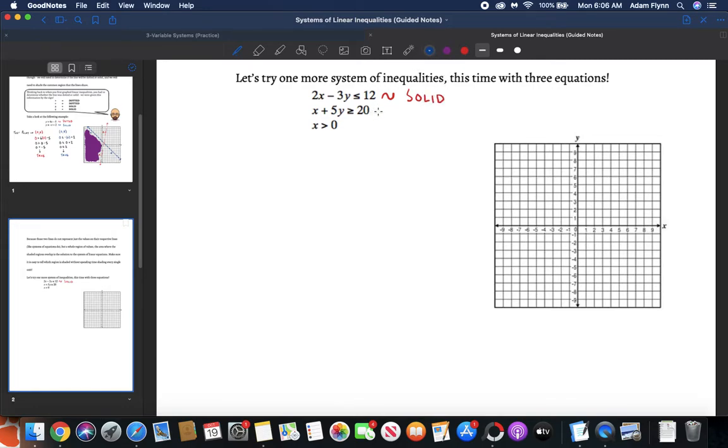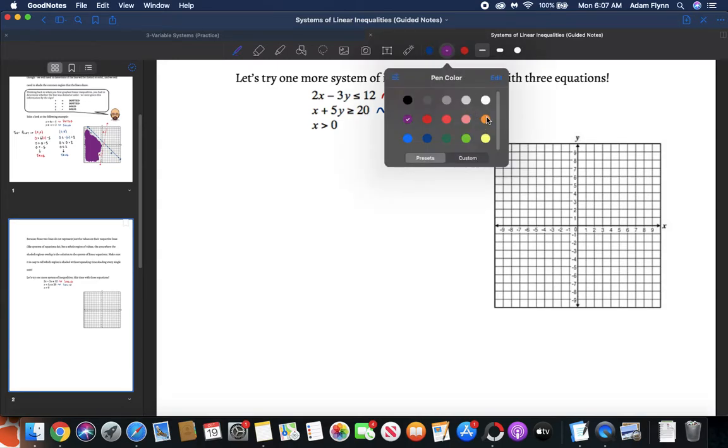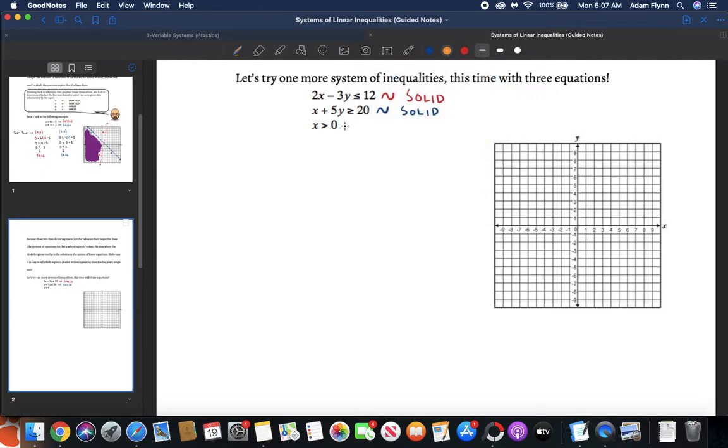I've got my blue line, and my symbol is greater than or equal to, so this is also going to be solid. And then let's do an orange line, a little tiger pride in there. And our symbol is greater than, so this is going to be a dotted line.